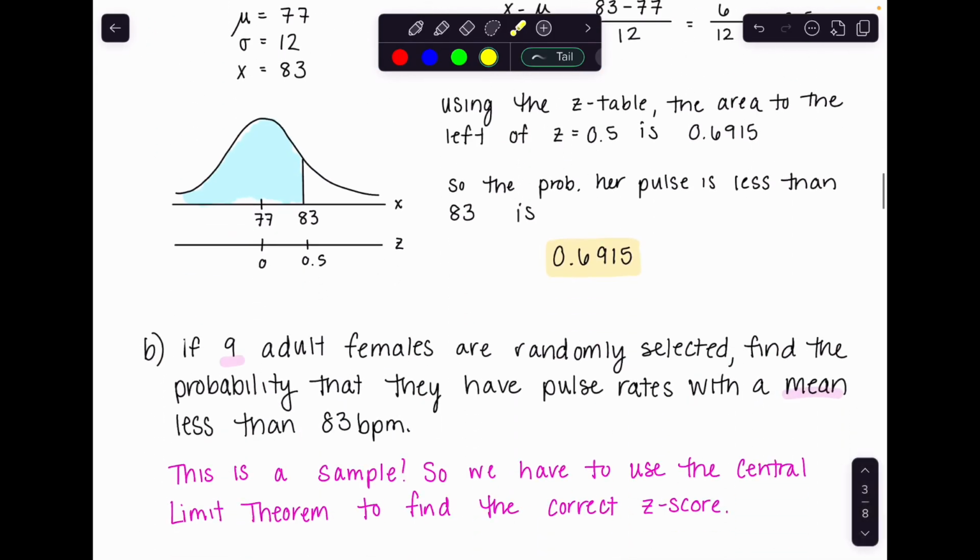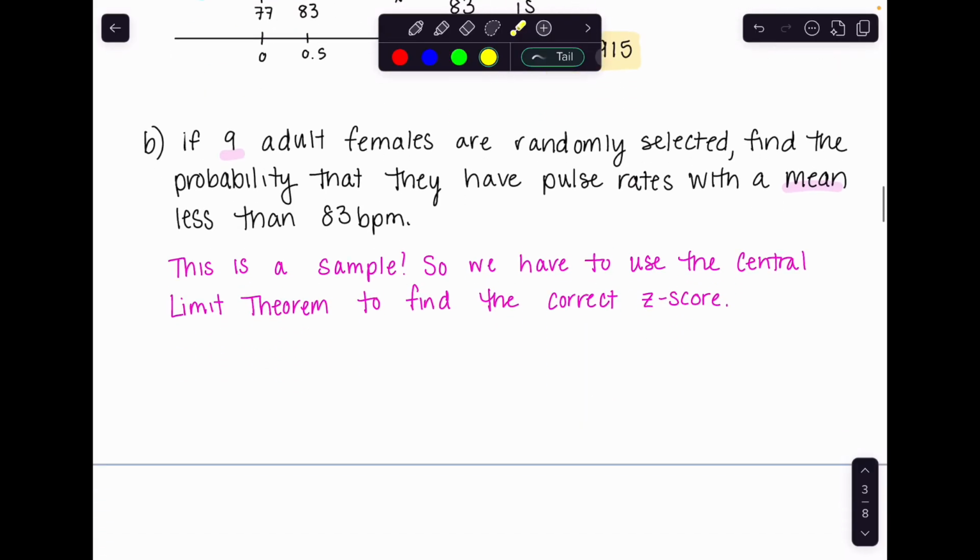So I do have normally distributed data. The central limit theorem is going to apply. So here, even though n, our sample size, is 9, which is smaller than 30, this data is normally distributed.